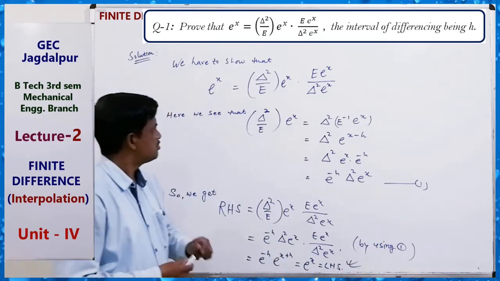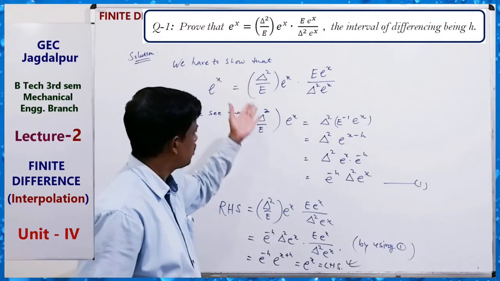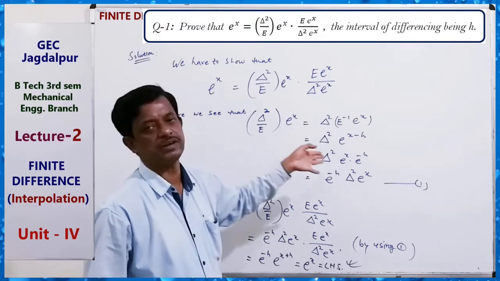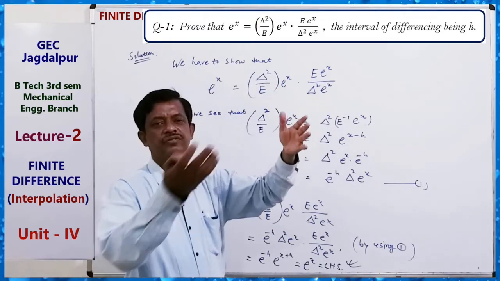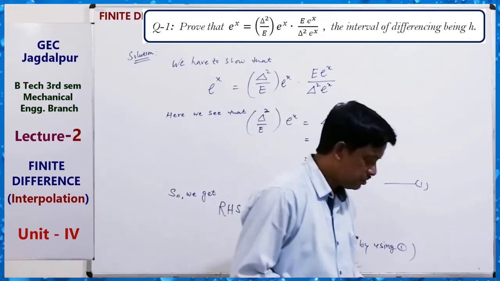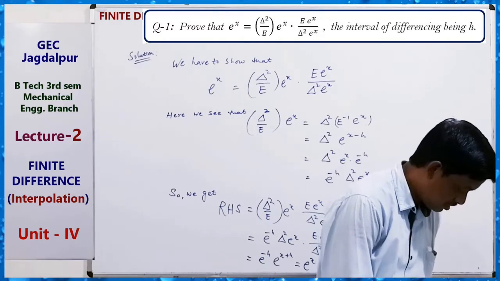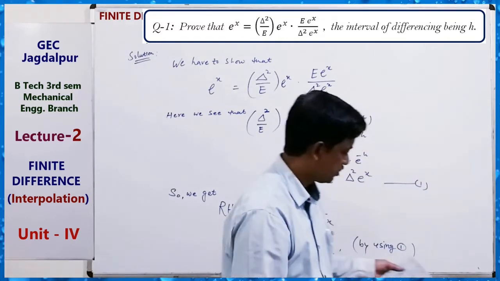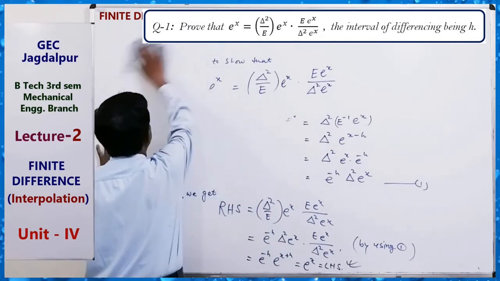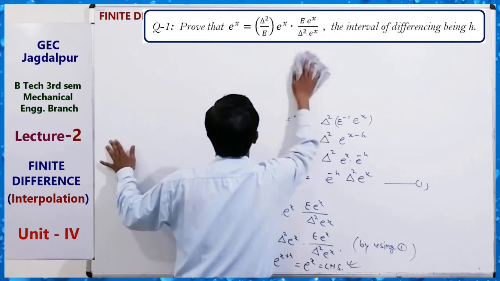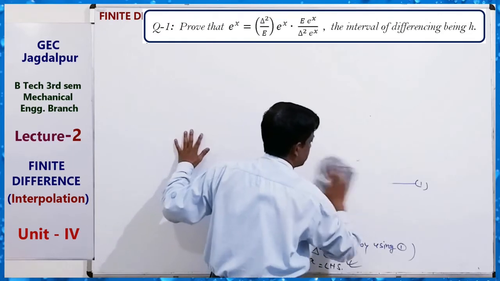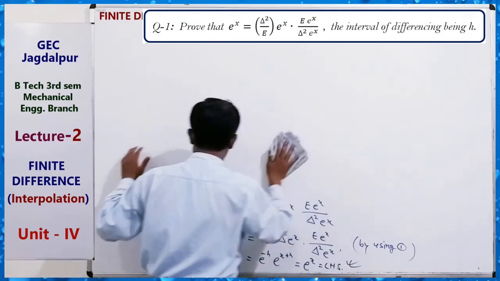That means by using properties of operators, relation of operators or definition of operators, we can prove any type of relation which is given in terms of operators. Okay, so related to these operators, just solve some of the questions. Now take here questions for finding missing terms.